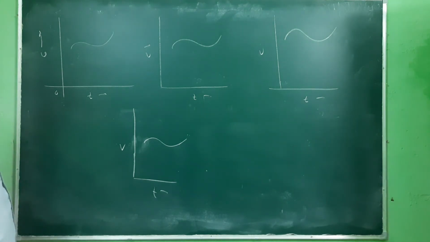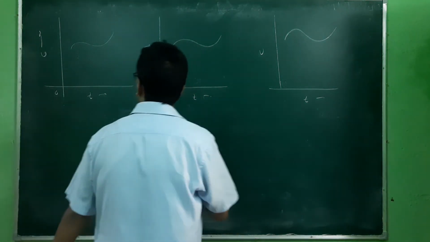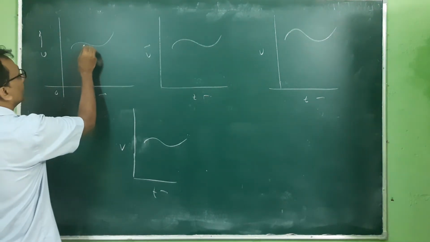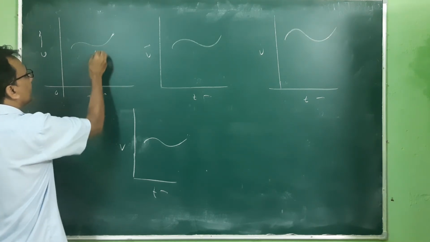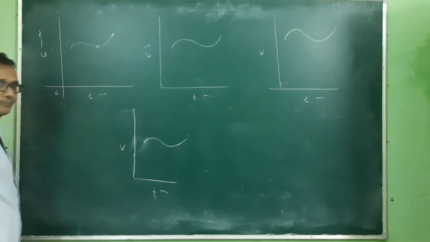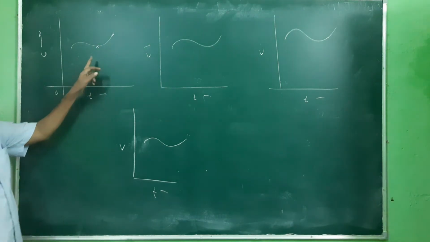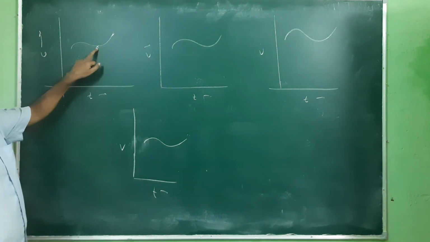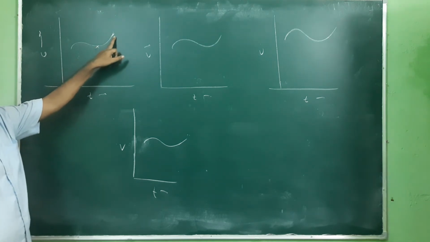So here, let us take 2 points, somewhere here and somewhere here. So the velocity at this particular point, let's say v1, and at this particular point, let's say v2.